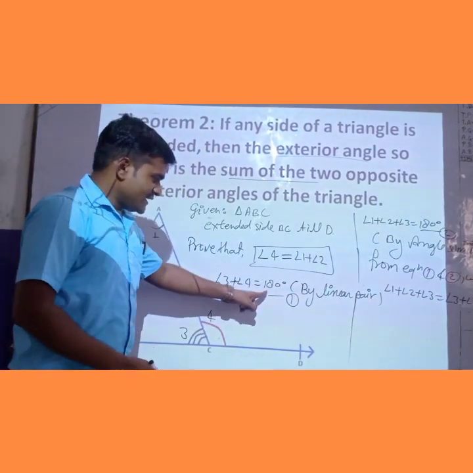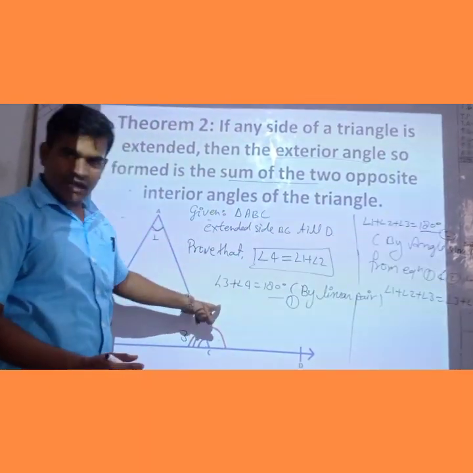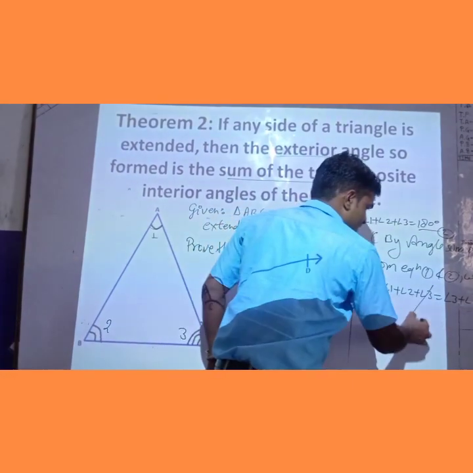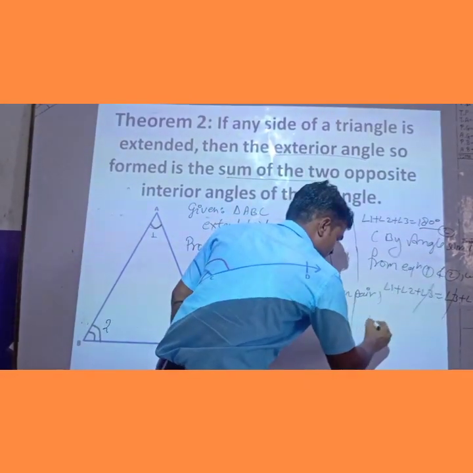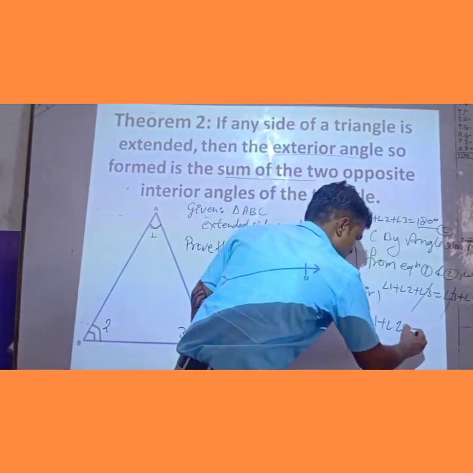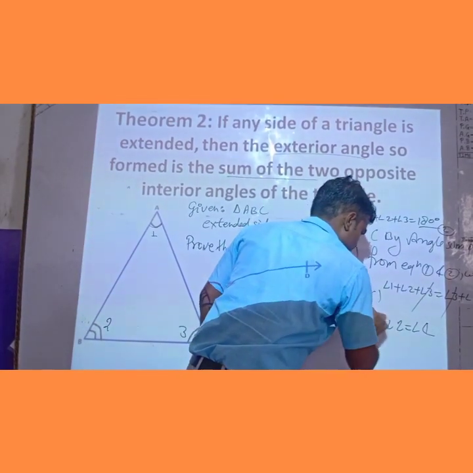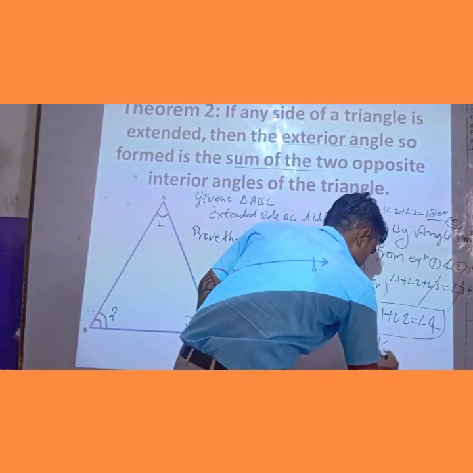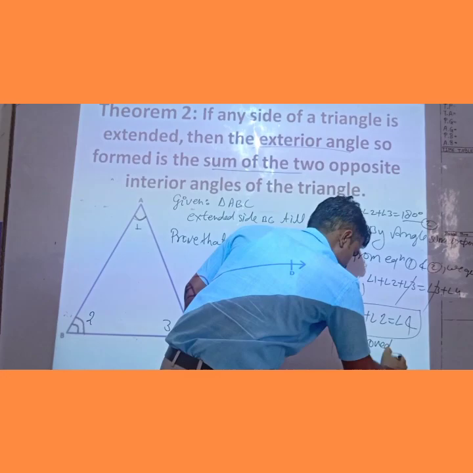Because the right-hand sides are equal, the left-hand sides are also equal. Angle 3 and angle 3 cancel, so we get angle 1 plus angle 2 is equal to angle 4. That is proved. Is it clear?